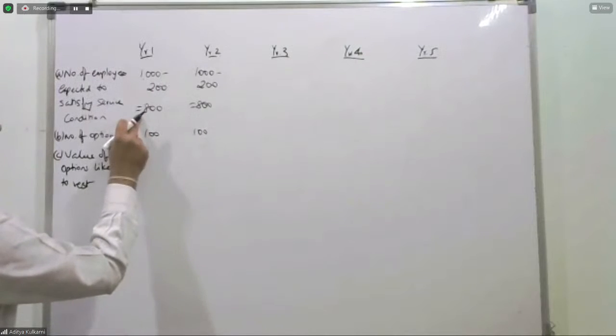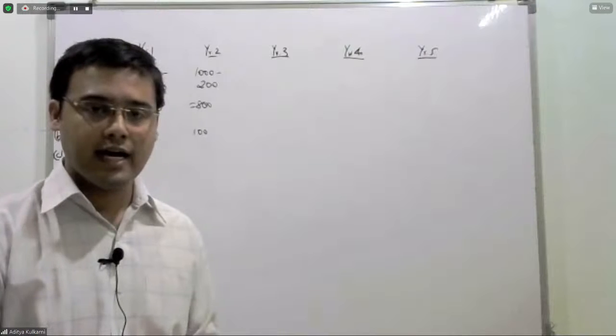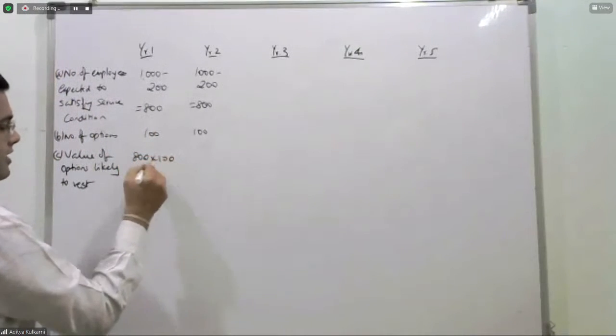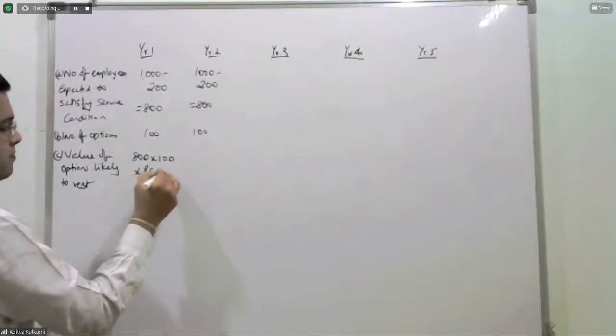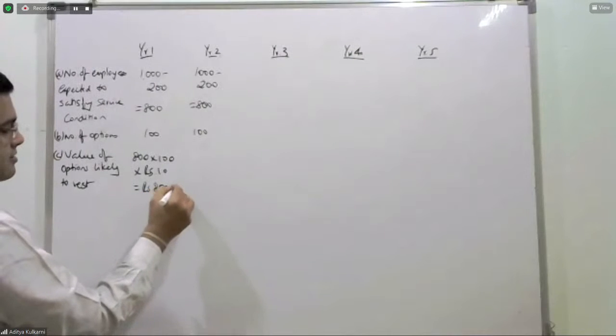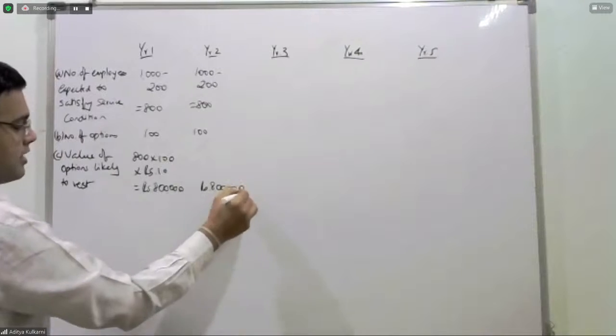Nothing but 800 into 100 multiplied by what is the fair value grant date? 10 rupees. So 800 into 100 multiplied by rupees 10. So that will be how much? Rupees 8 lakhs. Here also it will be rupees 8 lakhs.